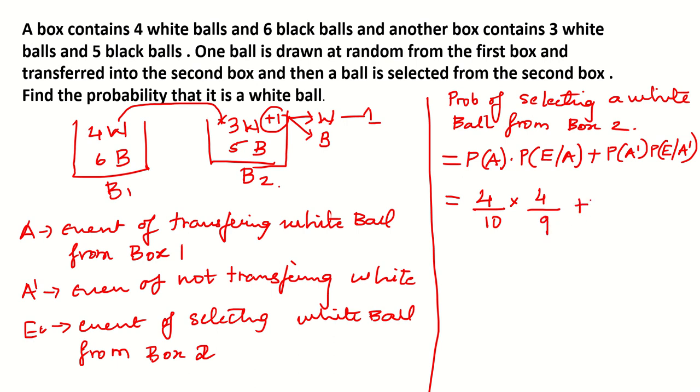Plus the probability of getting a black ball, 6 upon 10, multiplied by the white ball probability: if a black ball is transferred to box 2, then the number of white balls available is only 3 upon 9, because the total is 9 balls after adding 1 extra ball. So calculate this and your answer will be 17 upon 45.